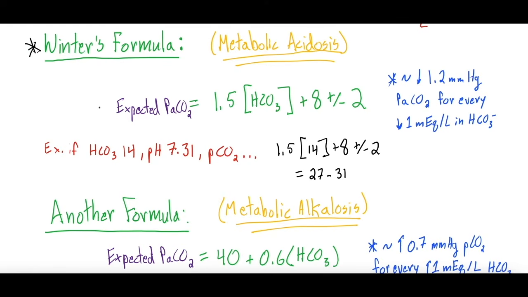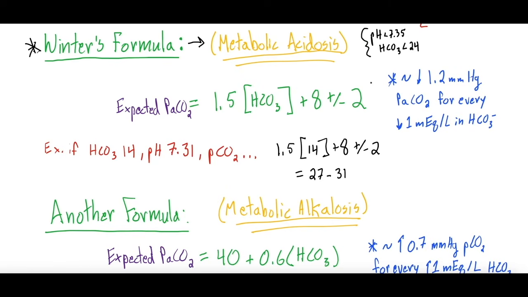The first is Winter's formula. Winter's formula is an equation you would use if there's a primary metabolic acidosis. Remember, that means the pH is less than 7.35, and the bicarb, which is a base, which is alkalotic, is less than 24, meaning there's more acid. And this is a metabolic acidosis.